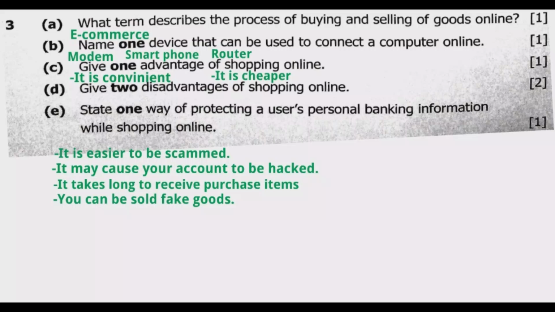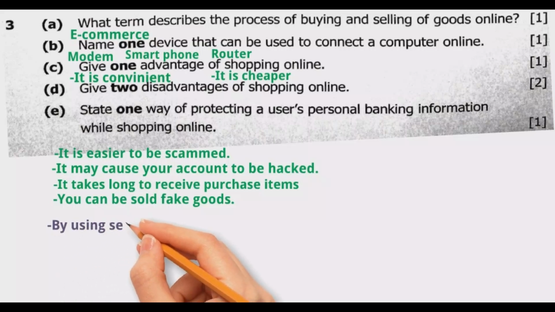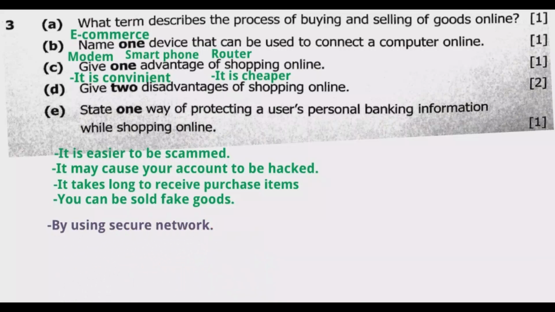Okay, go to question 3E, which is state one way of protecting a user's personal banking information while shopping online. So one way is using a secure network. When you're shopping online, you should make sure that you are using a secure network.